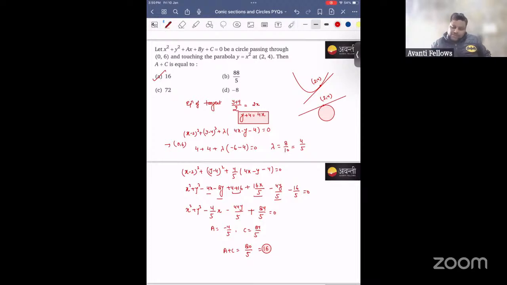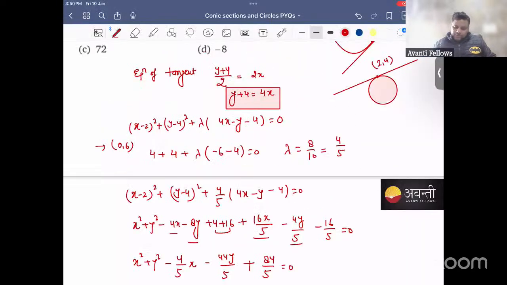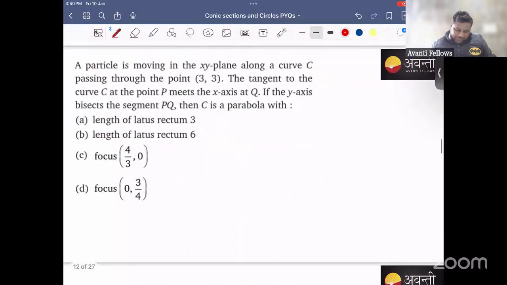Now, let's try another problem. A particle is moving in the xy plane along a curve C, passing through the point (3, 3). The tangent to the curve C at point P meets the x-axis in Q. If the y-axis bisects the segment PQ, then C is a parabola with. Give it a try. Very amazing question.